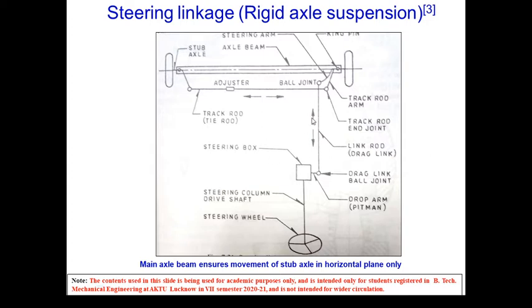So this linear motion is transmitted to this particular stub axle and then to the wheel. The other wheel is steered through the track rod. So we are steering this one only, and this will be steered through the track rod. This is the mechanism through which the steering is being controlled.